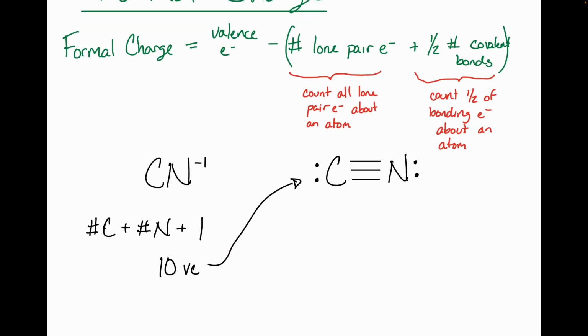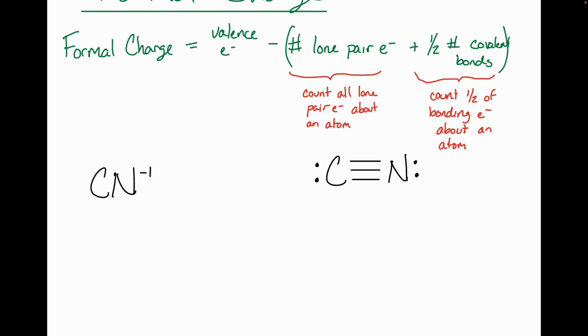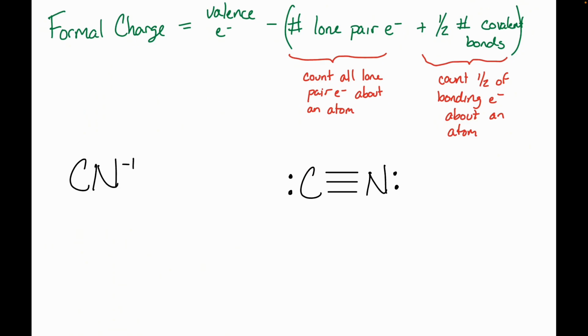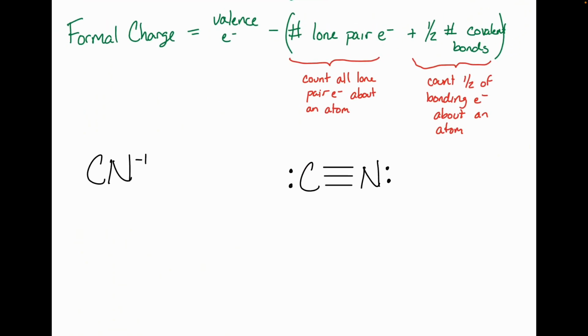So let's take a look at this structure here, and we're going to do these formal charge calculations for both of these atoms in this structure. All right, we started with our formula, now we got to our Lewis structure, and now we're going to calculate our formal charge for each one of these atoms.